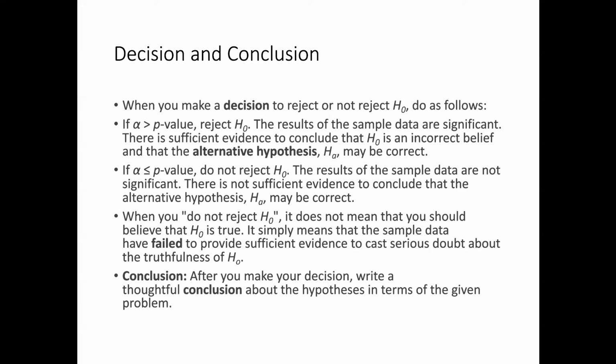So if you reject the null, your data is significant. If you fail to reject, it is not. When you do not reject H sub 0, the null hypothesis, it does not mean that you should believe that the null hypothesis is true. It simply means that the sample data has failed to provide sufficient evidence to cast serious doubt on the truthfulness of the null hypothesis.